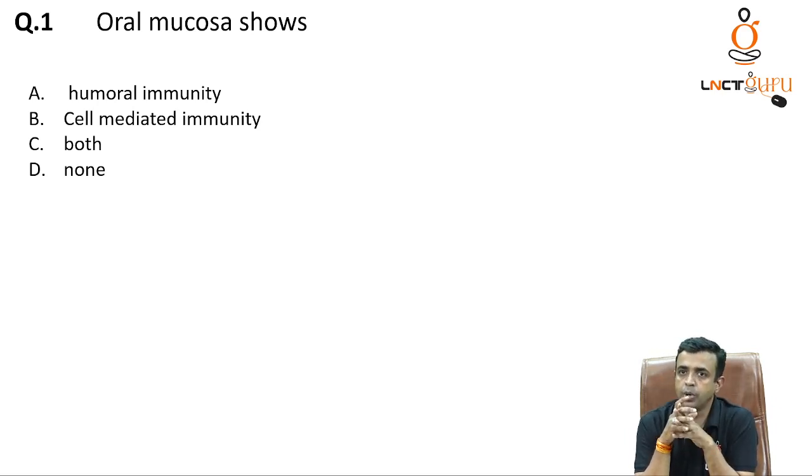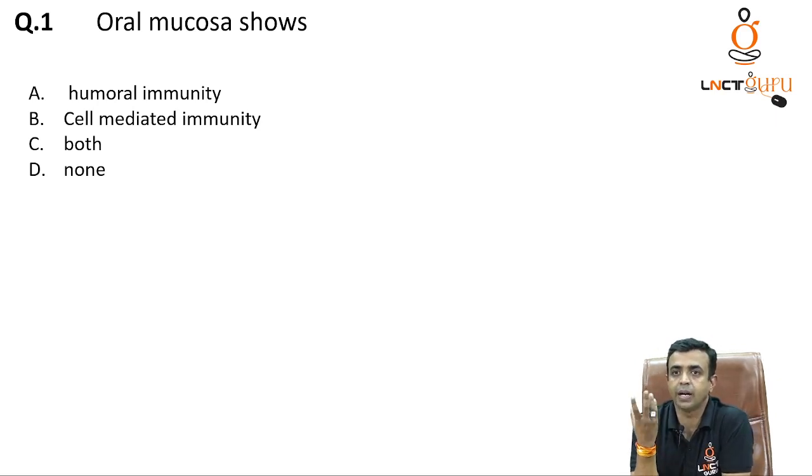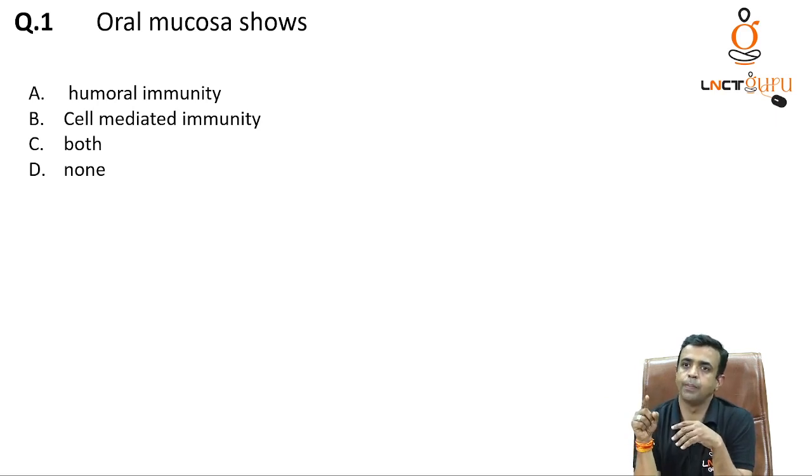What is humoral immunity? Humoral immunity is an immunity where antigen antibody come into action. Here antigens are either a foreign substance or any bacteria, any virus. Against that, body makes an antibody. This is called as humoral immunity.